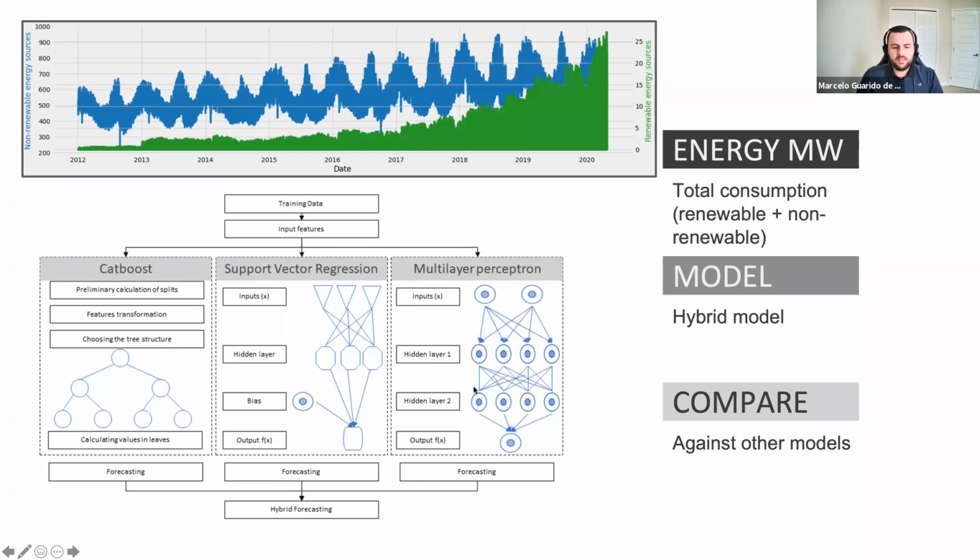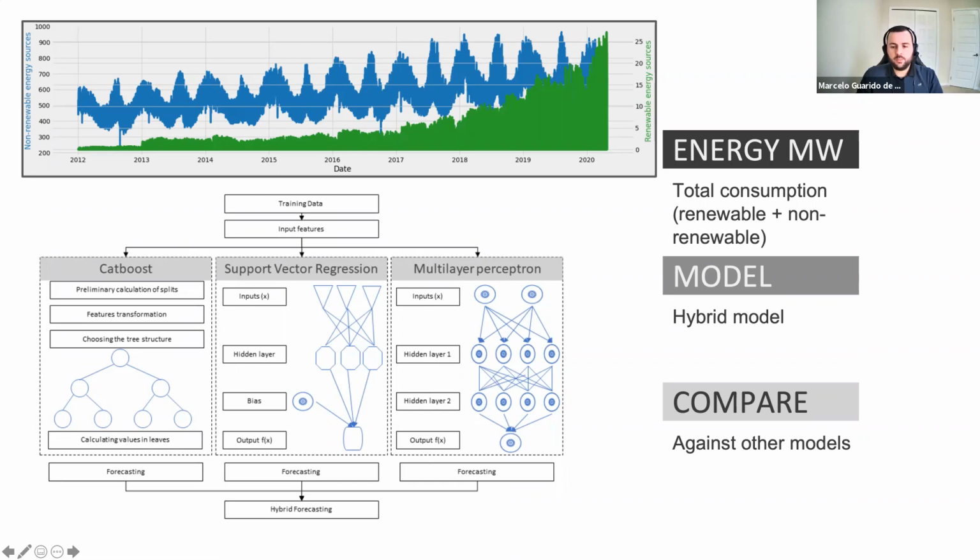They calculated the forecasting for each one of those models, and then they use a voting system to do a final forecasting, probably a voting system over the probabilities of each one. And they combine these three models to create a hybrid forecasting.